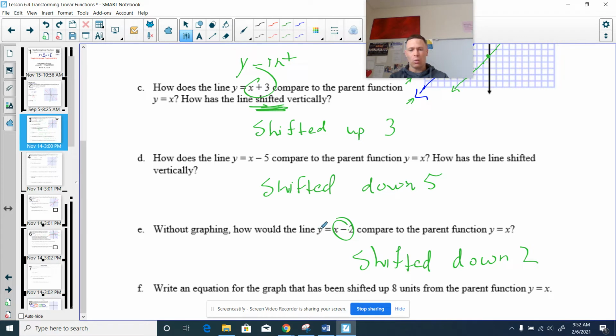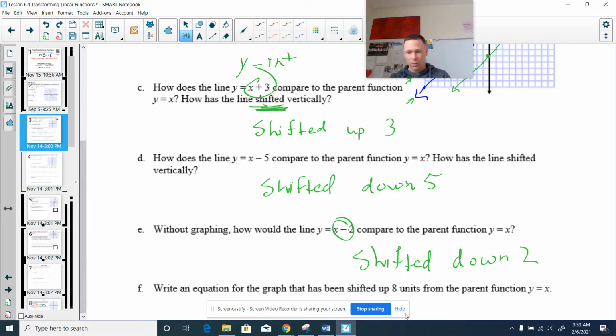A new vocabulary word is this idea of shifting. It all relates to the y-intercept. Whatever the y-intercept is, we say the line shifted up or down that much. If the y-intercept is plus something, we say it shifted up that number. If the y-intercept is minus something, we say it shifted down that number, okay?